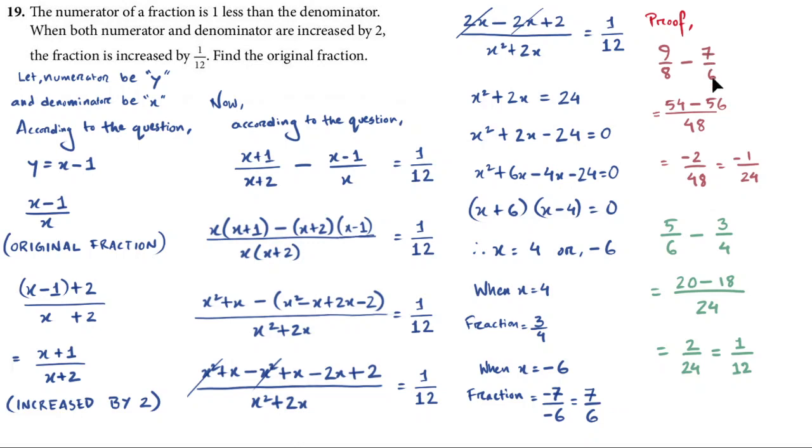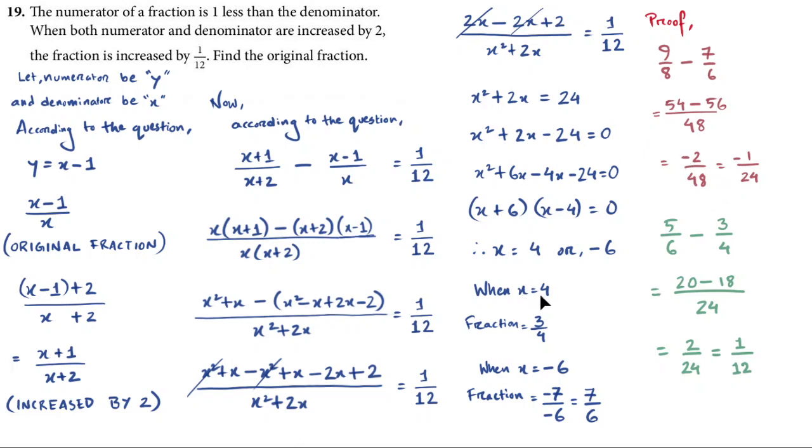If we use the value of x as minus 6, then we get the fraction 7 by 6. If we raise both the numerator and denominator by 2, it becomes 9 by 8. So if we subtract 7 by 6 from 9 by 8, we get minus 1 by 24. So this is not equal to the fraction that is given in the question, which is 1 by 12.